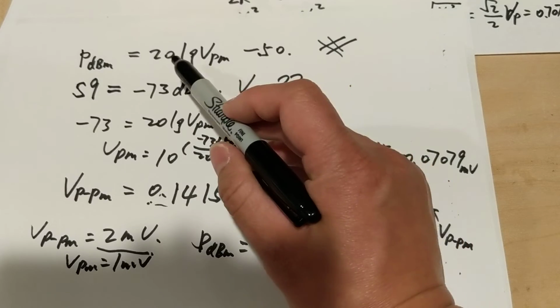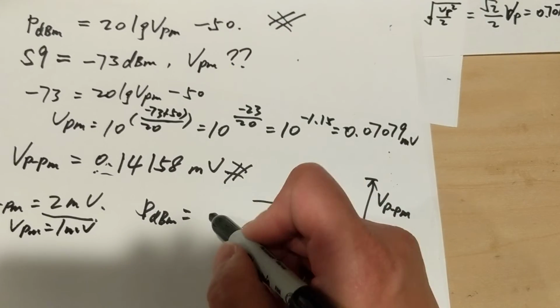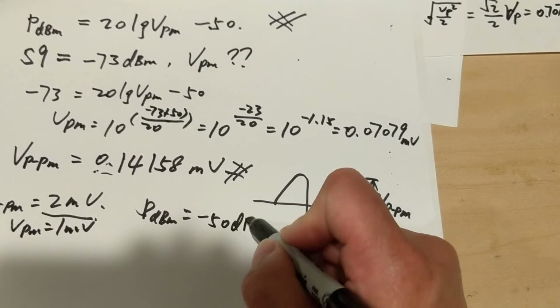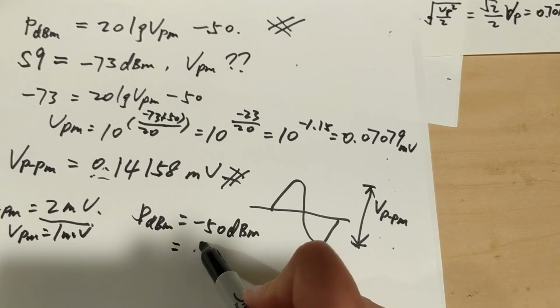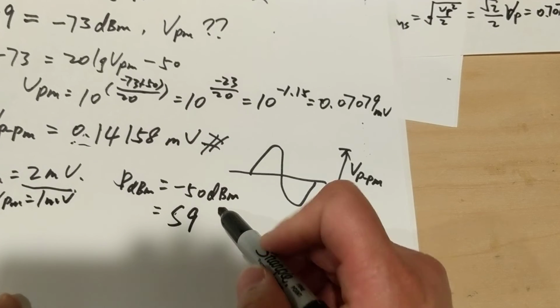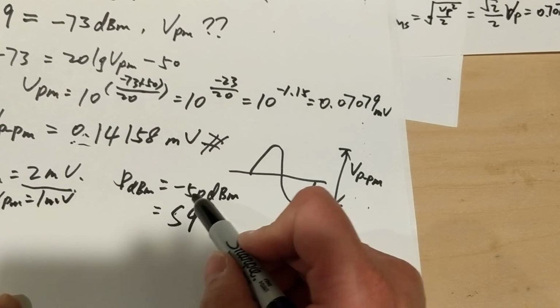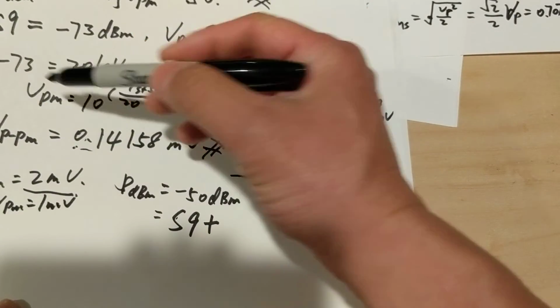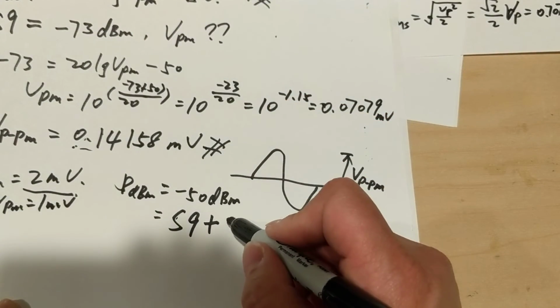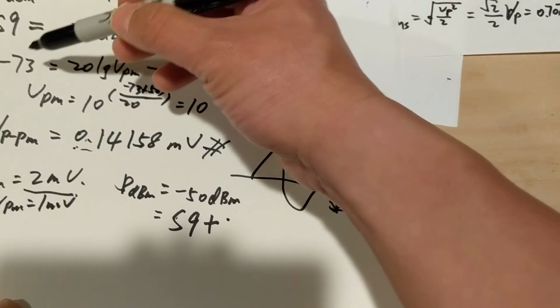Log 1 is 0, so it's minus 50 dBm. S9 is minus 73, so it's S9 plus 23.